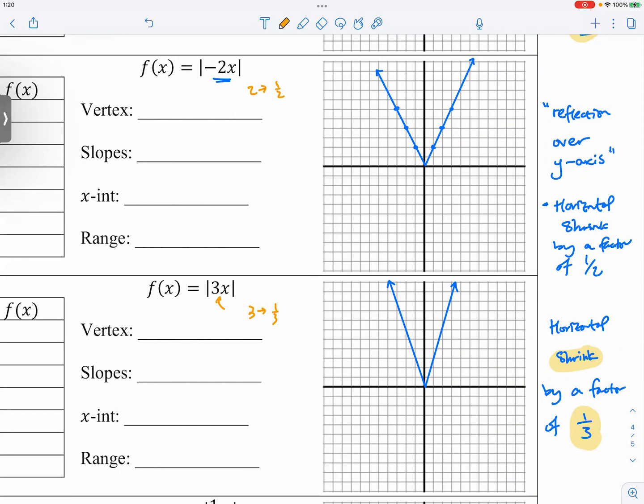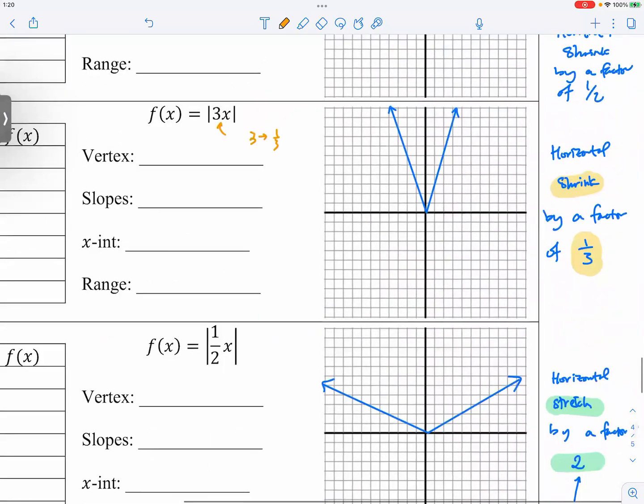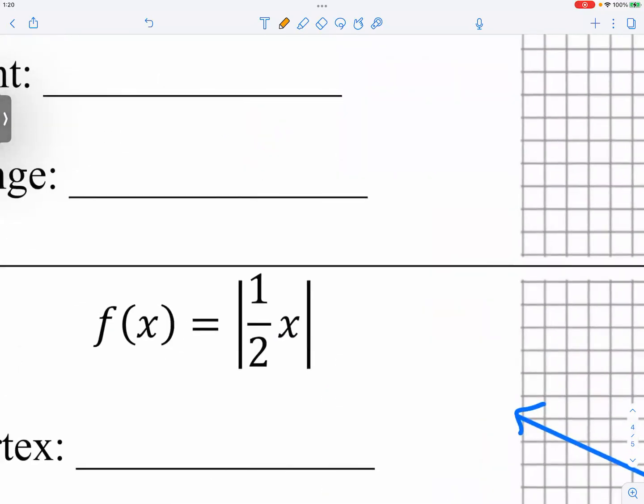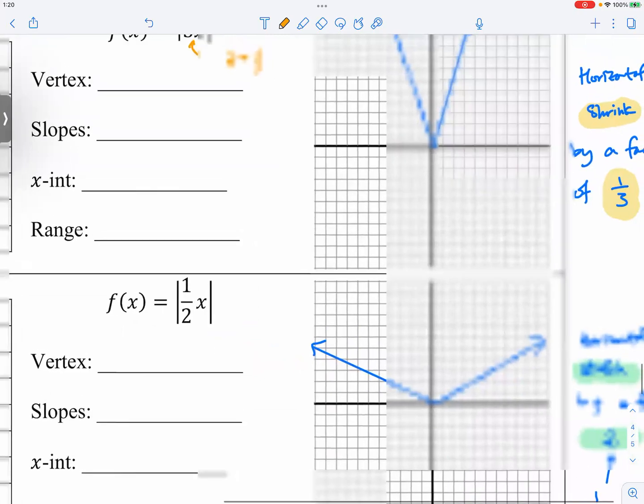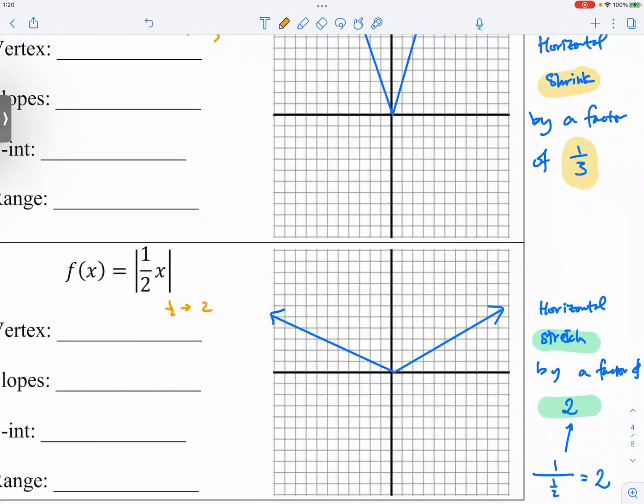And then if it's 1/2 right here, what's the reciprocal of 1/2? 2. So then we say it is a horizontal stretch by a factor of 2. So again, bigger than 1 is a stretch. A fraction less than 1 is a shrink.